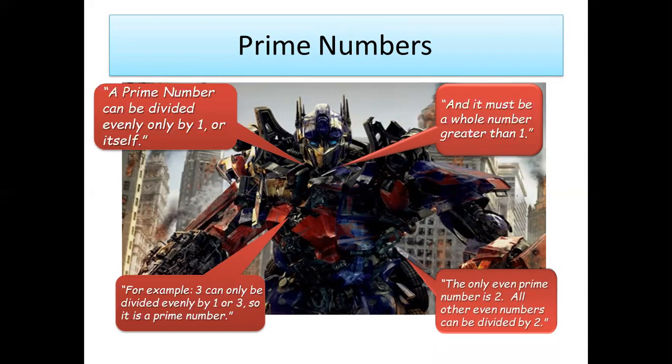All other even numbers can be divided by 2. So from this you can remember always that prime numbers are all odd numbers except for 2. And how do you know a prime number? It's a number that's not divisible by any number but 1 and itself.